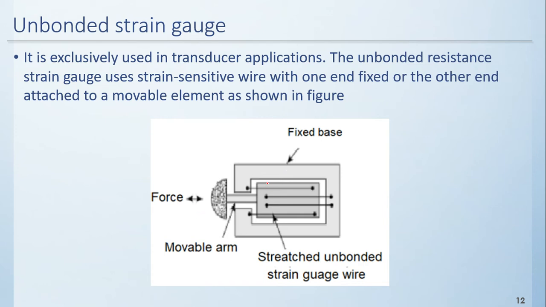So here you have 4 arms of your wireframe. Now when the force is acting on this movable arm, this body will move, the unbonded strain gauge wire will move, and the resistance in your wireframes will change, and that will be transmitted to the Wheatstone bridge.